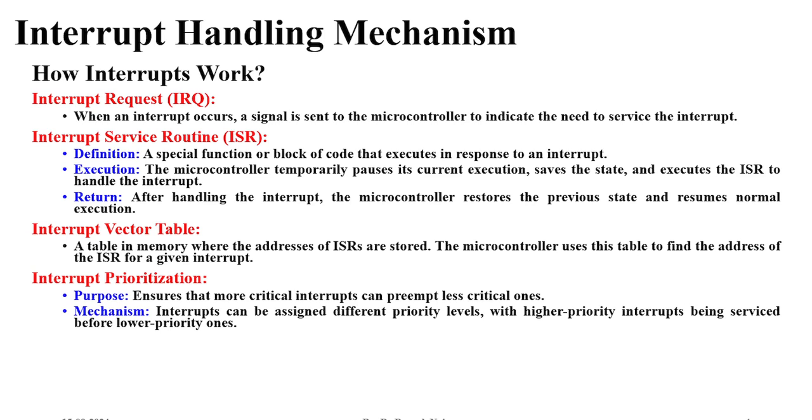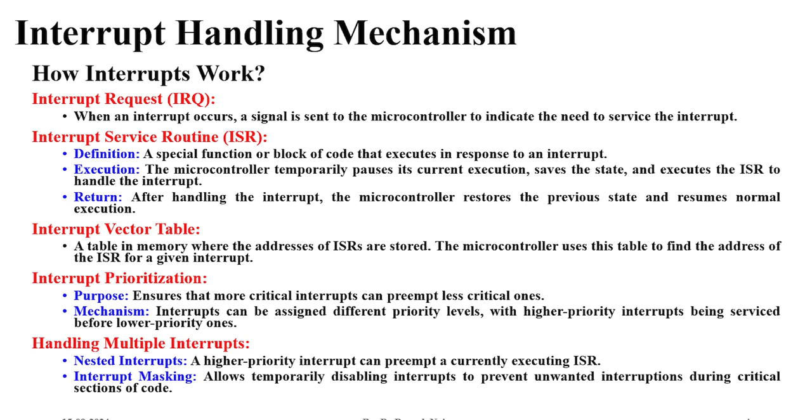To avoid that, we generally prioritize the interrupts, and based on the priorities, interrupts are provided the CPU resources. Prioritization ensures that more critical interrupts can preempt less critical interrupts. So higher priority interrupts will preempt, or may stop, the lower priority interrupts.